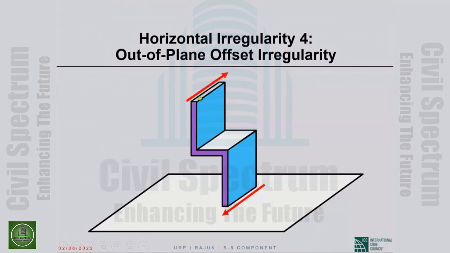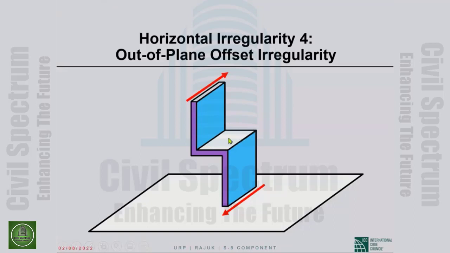Now this shear has an opposite shear at the base of the wall that will have to go from here to there through the diaphragm. Okay, so there will be this shear, there will be that shear, and then there will be shear in the diaphragm.